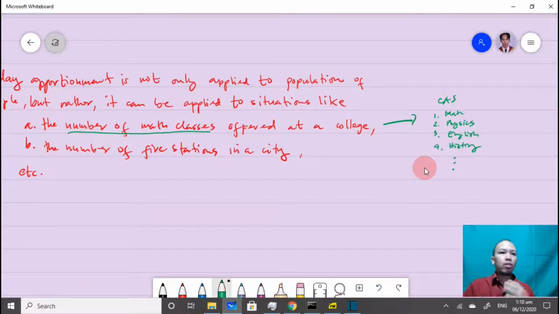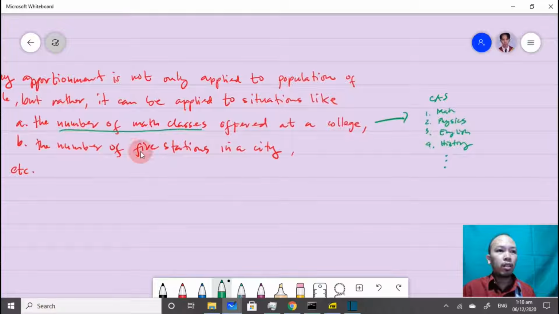So how are you going to assign the number of math classes offered to this college? Maybe it depends on the number of students enrolled in each department.